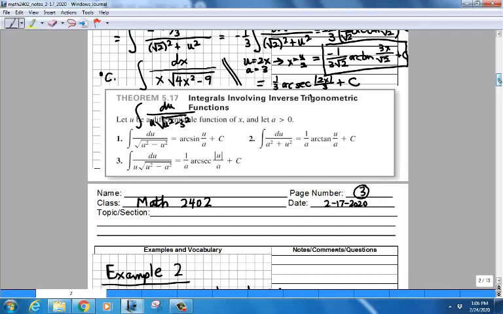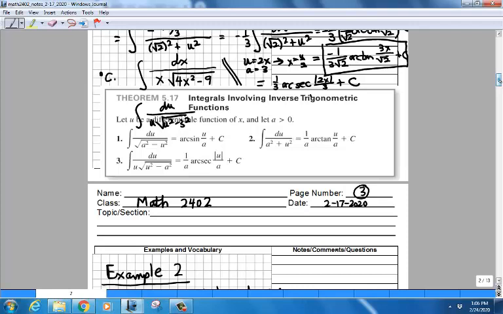So if you have the square root of a difference of two squares, that's a signal that you might use an inverse trig function. Or if you have not a square root in the denominator here, but just the sum of two perfect squares, then if you see that pattern, you might be able to integrate that using inverse trig functions.